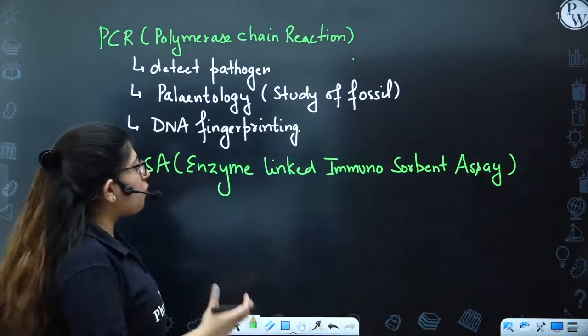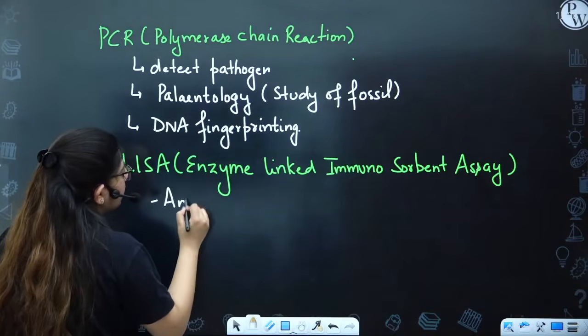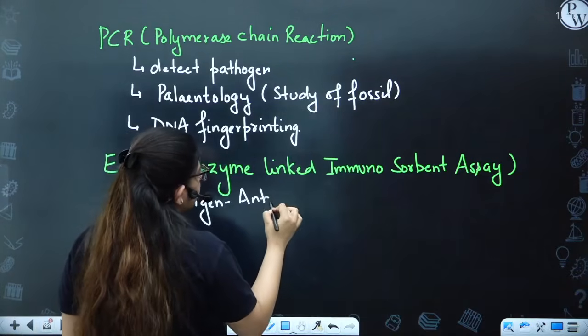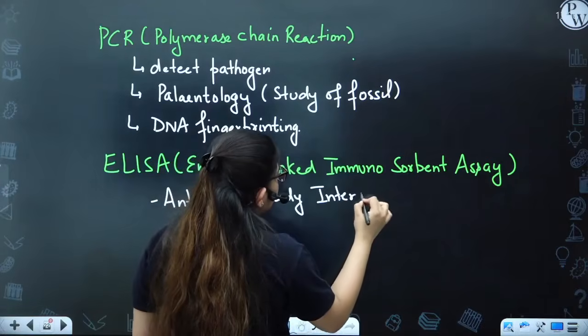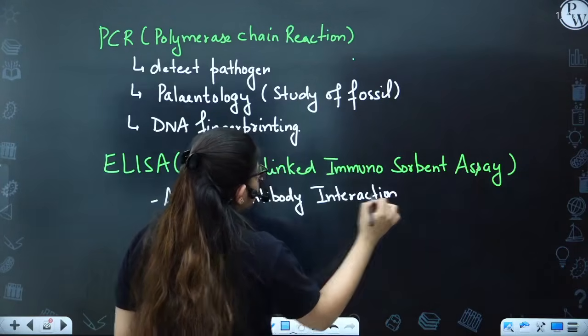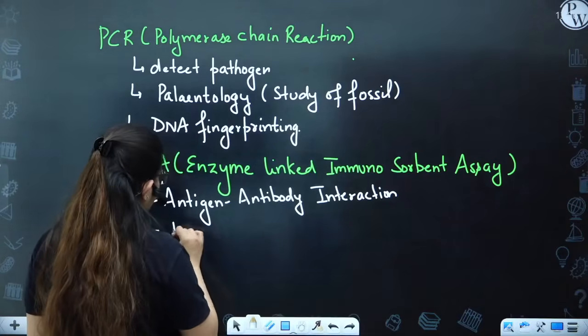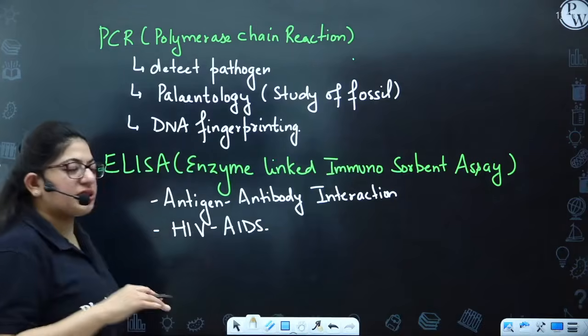So what we do in ELISA, ELISA is based on antigen antibody interaction. It's all based on antigen antibody interaction. It's the most common test used in HIV infections, HIV AIDS. So when a person may have HIV AIDS, this is the test that is performed to check whether the person has it or not.